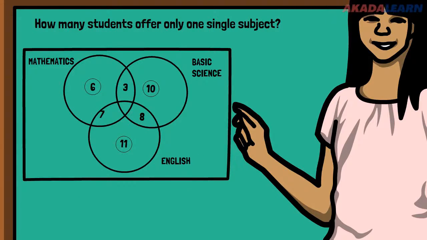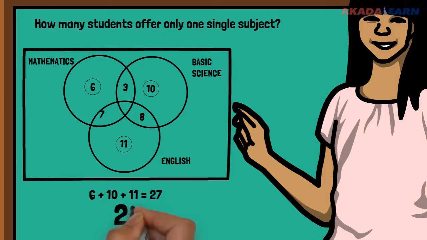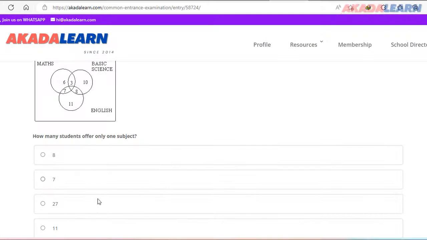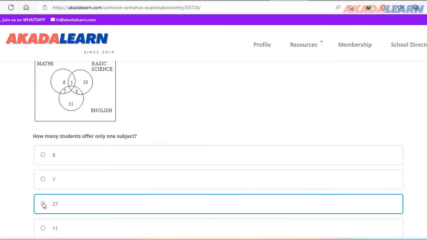So we add these 3 together, which is 6 plus 10 plus 11, which gives us 27, which is our final answer. So as you can see, the answer is 27.